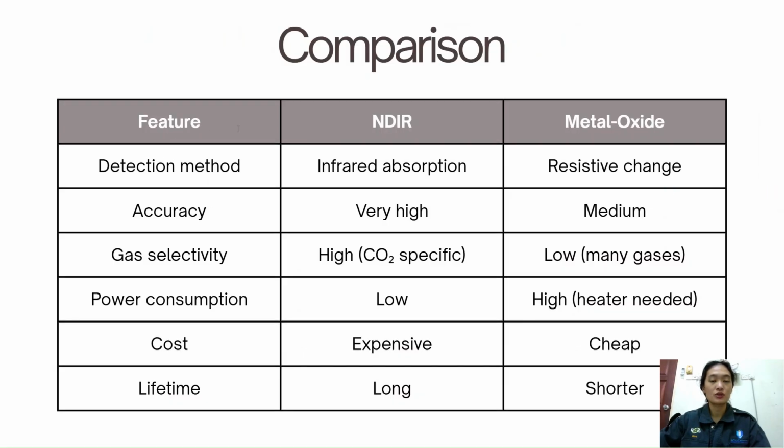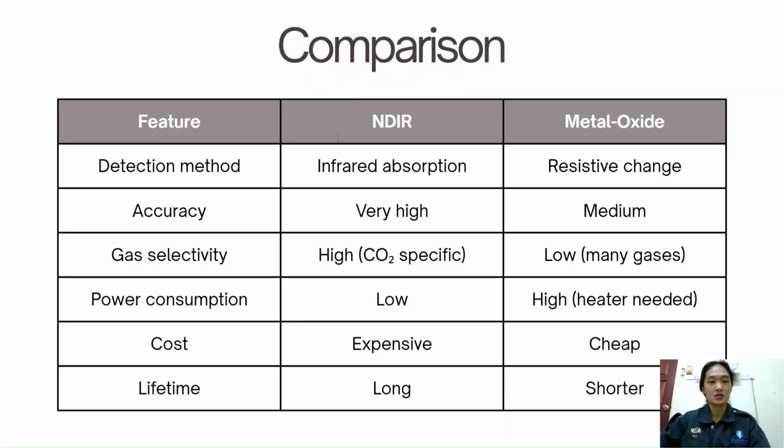The comparison between NDIR and metal oxide sensors. NDIR and metal oxide sensors use different detection principles. NDIR sensors operate based on infrared absorption and do not involve chemical reactions. They provide high accuracy, high selectivity, and long-term stability but are relatively expensive.